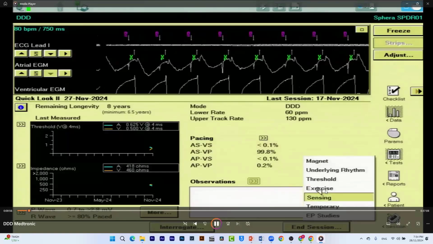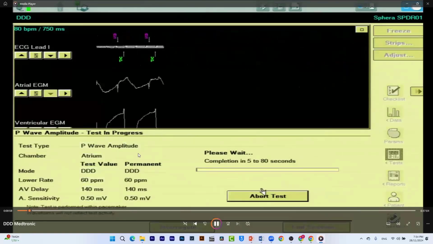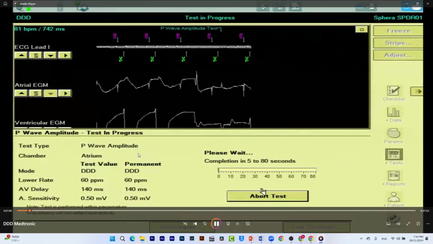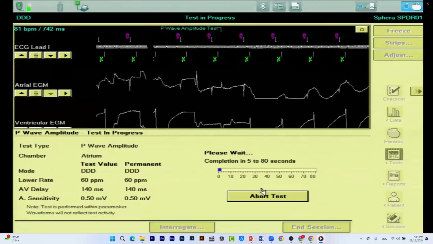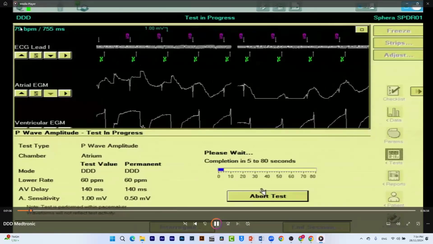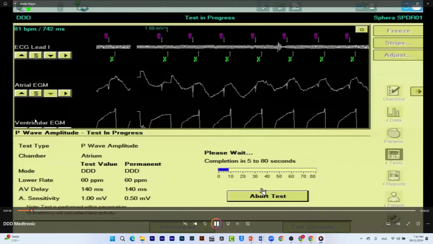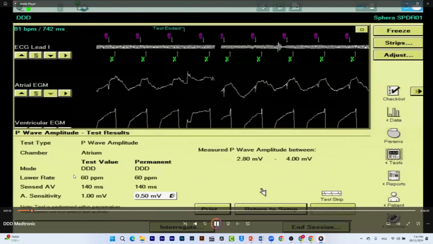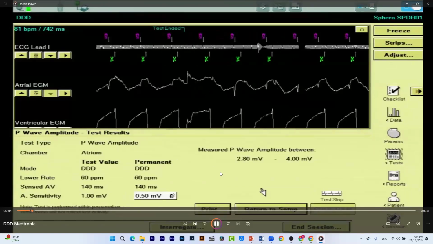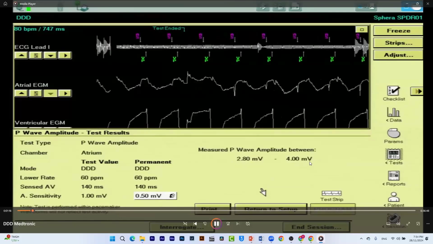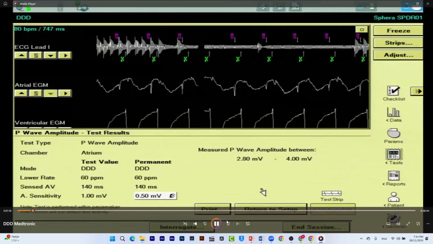Test sensing, P wave. Measuring P wave at rate 60, no problem, as our rate is not 79, so we can choose 60. P wave is 2.8 up to 4.